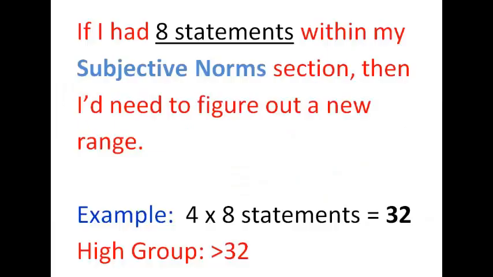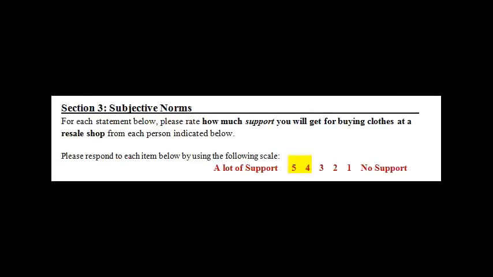So if you had 8 statements, for example, within your subjective norms, then in order to figure out your range, you need to do the same process that we did with self-efficacy. So in this case, let's say we had 8 statements under subjective norms. Then you would take the 8 statements and multiply it by 4, because remember in the scale of 5 to 1, if respondents are selecting 4s and 5s, that means they're going to be in the high group.